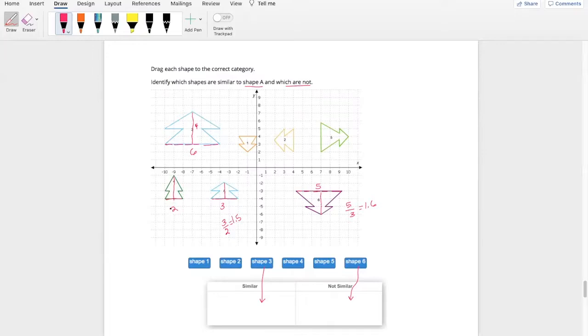So, well, let's do our longer side. What number is that? Yeah, if I do that, the longer bottom side, 2, divided by that height, 3, 2/3 is not going to equal 1.5. That gives us more of that repeating decimal there, 0.666 repeating. So that was shape 4. Again, that's going to show that that's not similar.